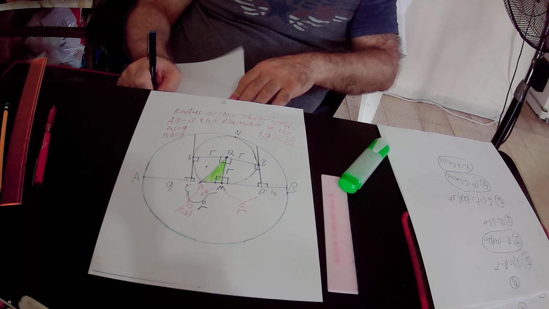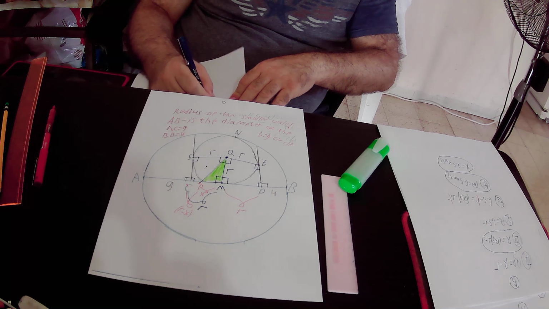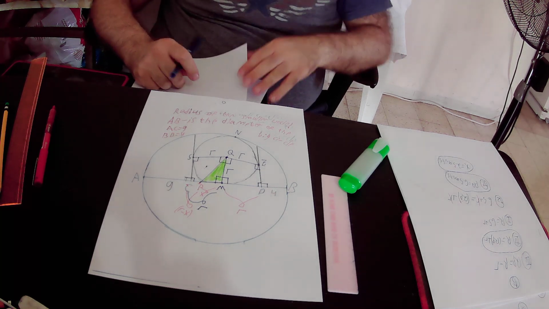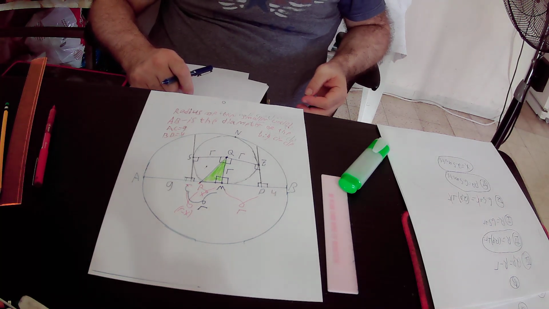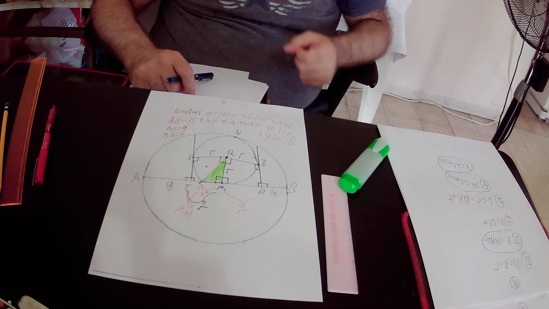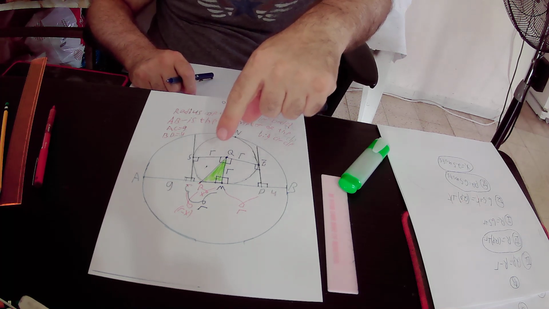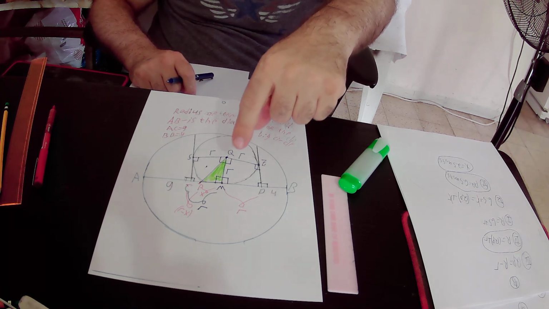So what is the Pythagorean theorem? The Pythagorean theorem states that the square of the hypotenuse equals the sum of the squares of the perpendiculars.